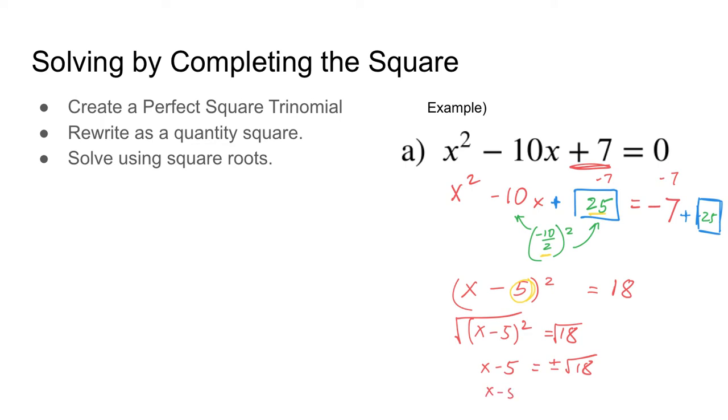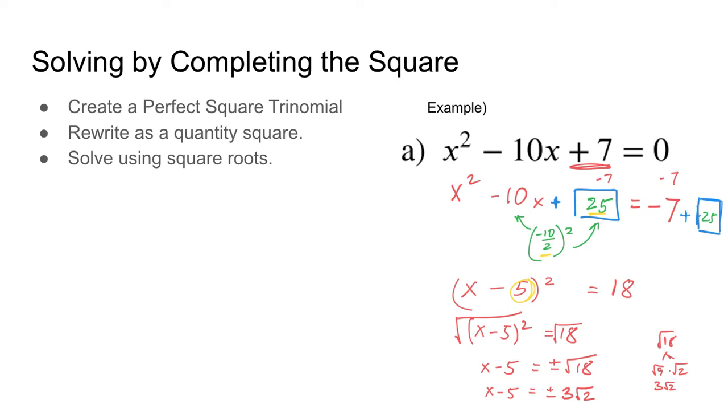The biggest perfect square that I can divide into 18 is 9. So it's the square root of 9 times the square root of 2. Of course, the square root of 9 is 3. So that's how I'm simplifying that down.